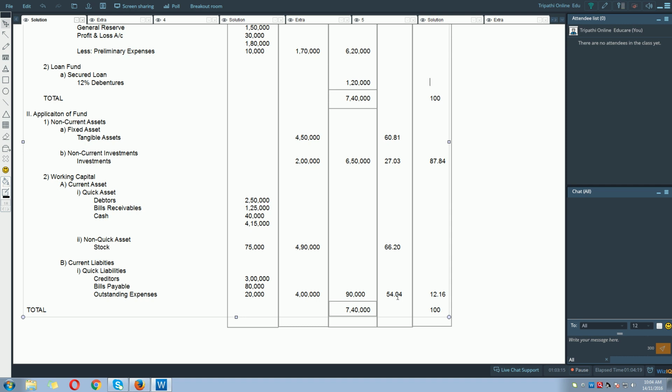Then 2 lakhs, 27.03. And 6,50,000 as 87.84.